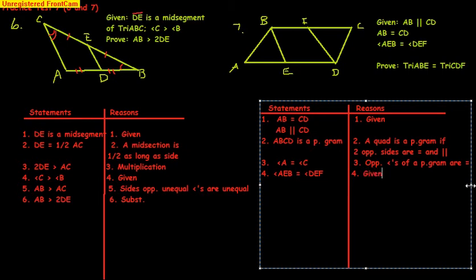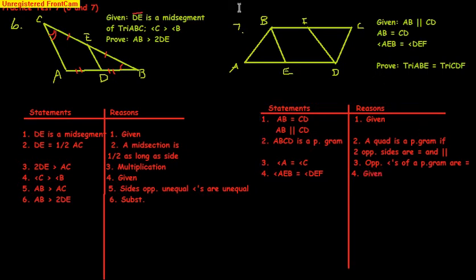Now let's go up and see what we have. I have to leave the text box there. Okay, so we have AB equals CD. We have angle A equals angle C. I think we're missing one thing.